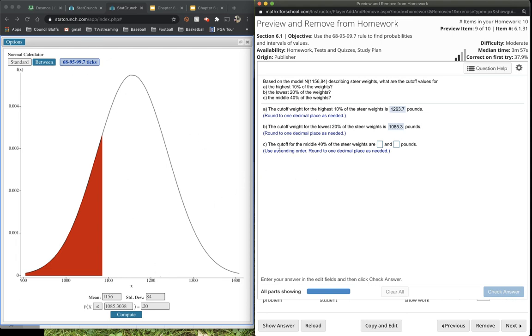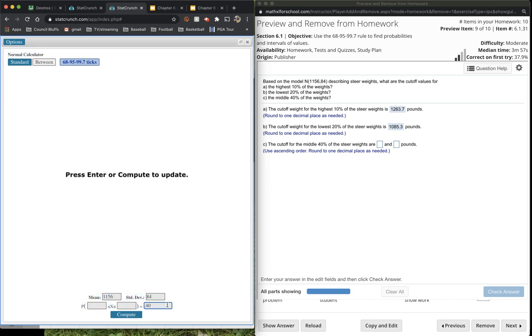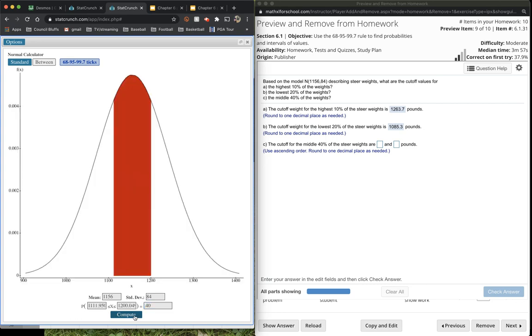Part C, now we want the cutoff for the middle 40%. So now we're going to go to between. Okay. We have our same mean, we have our same standard deviation, and then once again, after the equal sign, I'm going to put 40%, so 0.40 as a decimal, and if I hit compute, it gives me the 2 answers.